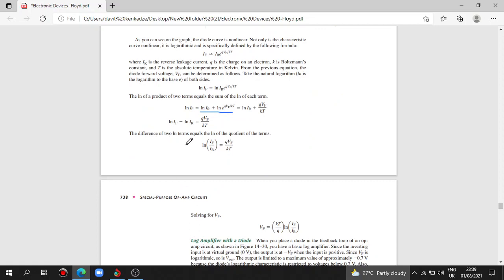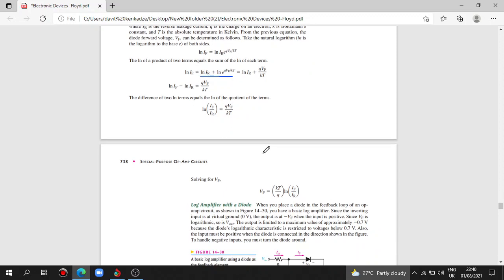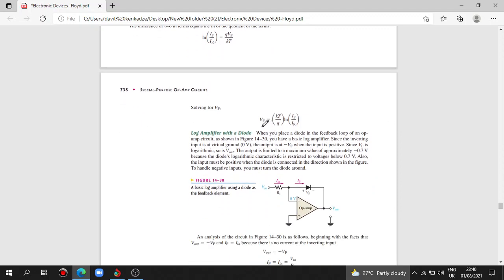The difference of two ln terms equals the ln of the quotient of the terms. And this is the last formula.